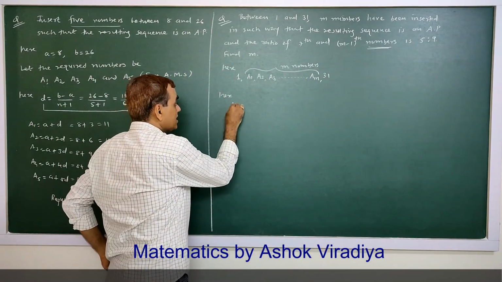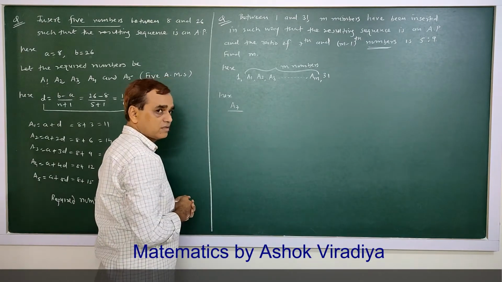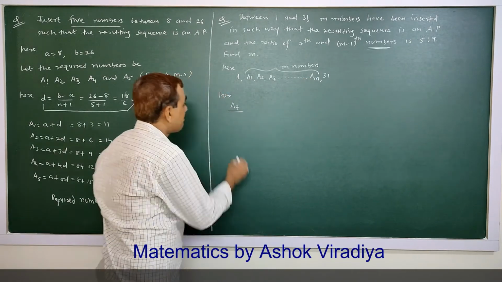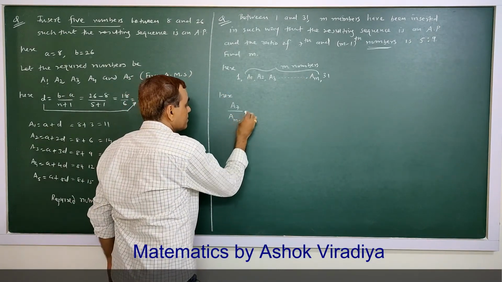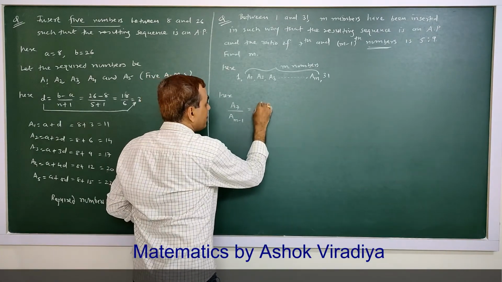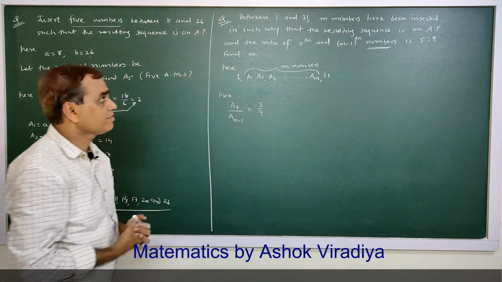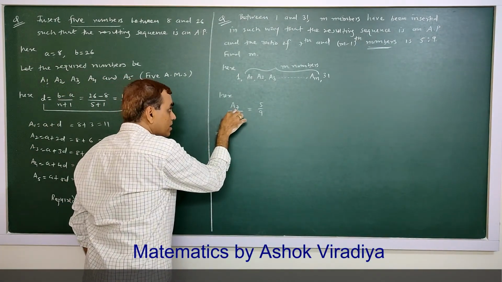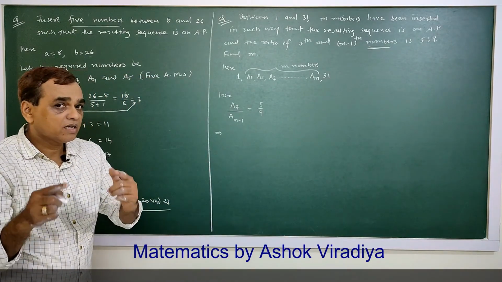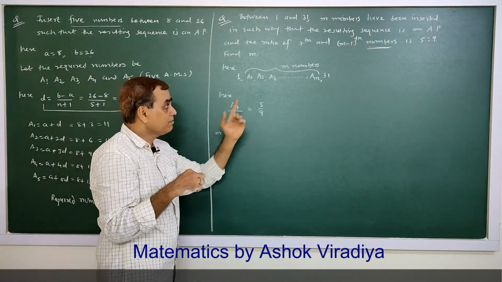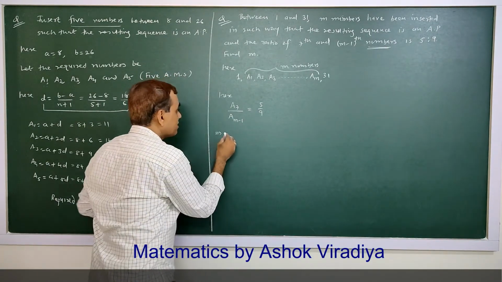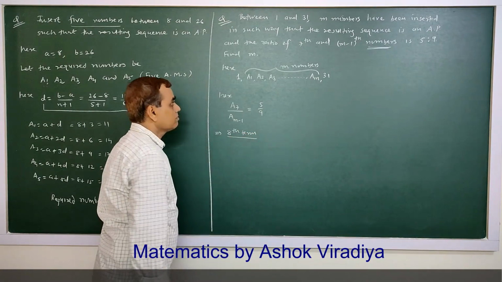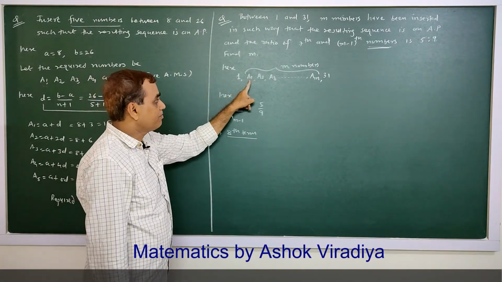So the 7th number is a7 upon the m minus 1th number, and it is equal to 5:9. Now the 7th number, which term is it? The 7th number is the 8th term, because this is the first term, second term, third term.